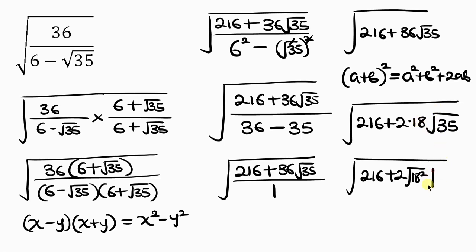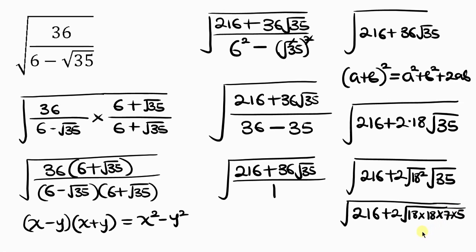Then times the square root of 35. Our next step will be for us to write a common square root for 18 squared and 35. So this becomes the square root of 216 plus 2 times the square root of, remember, I'm writing a common square root, 18 squared is same as 18 times 18, and then 35 is same as 7 times 5.